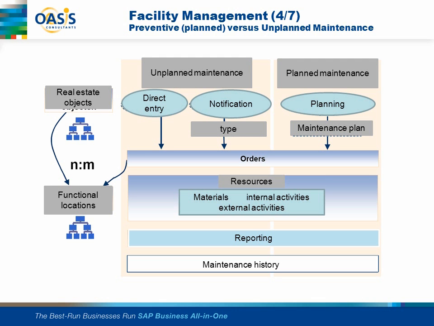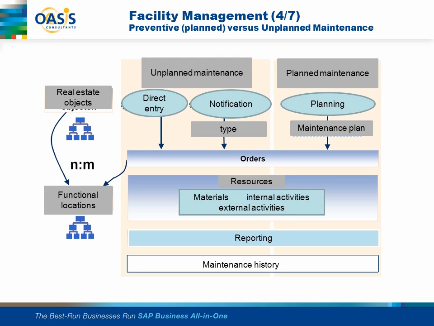Well, I will then send a notification to the maintenance desk saying, in that room the beamer is not working. That is called a notification. So on one hand you have planned, meaning that you know exactly when the maintenance activities will happen, and then you have unplanned.